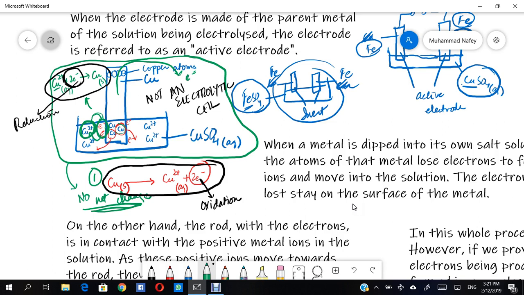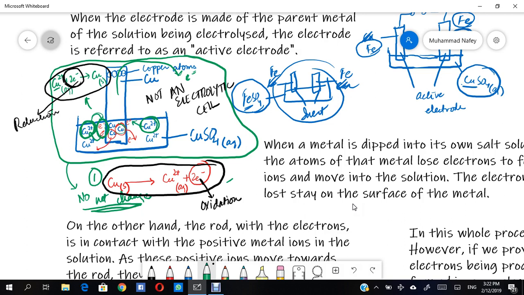This is shown by this first equation here. Now these electrons themselves can't jump into the solution. Instead, they stay stuck on the surface of the rod. Here, this rod with the electrons stuck onto it comes in contact with the copper ions present in the solution.